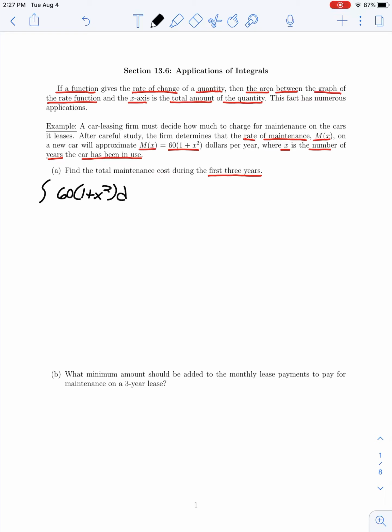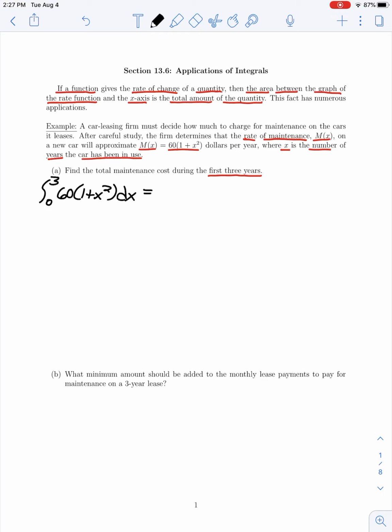And we would integrate this with respect to x over what x interval? Well, we were asked about the first 3 years, so we would start with the beginning of the first year, x equals 0, where 0 years have passed, up through 3 years passing.